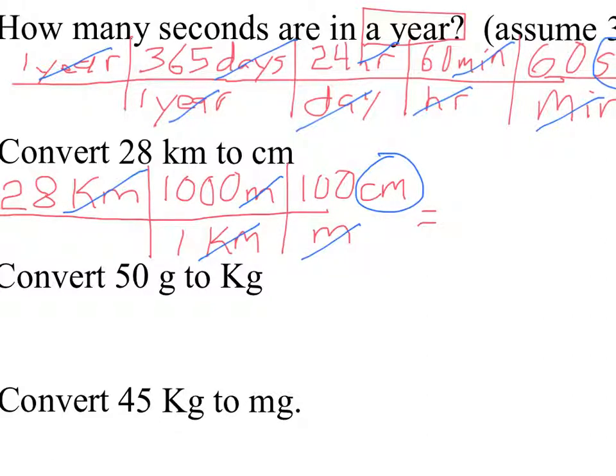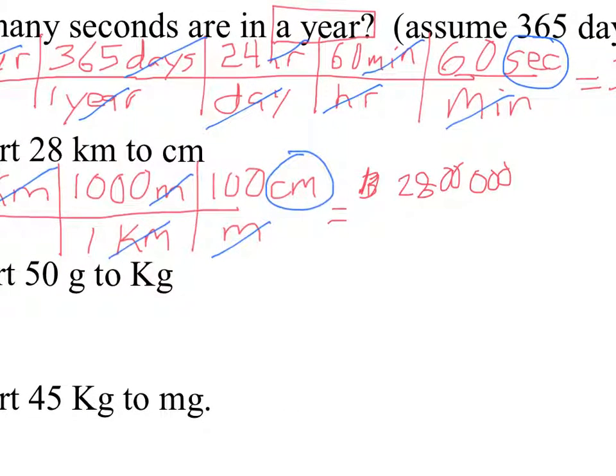When we multiply all of this out, we get a large number again, which is 28,000,000, and the units are centimeters.